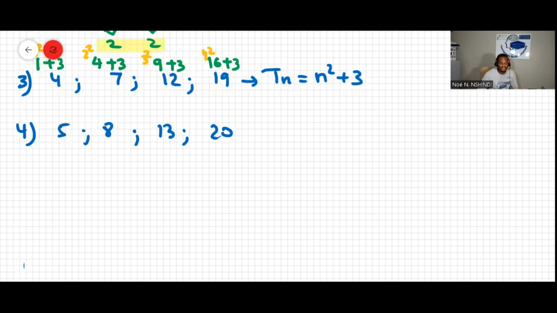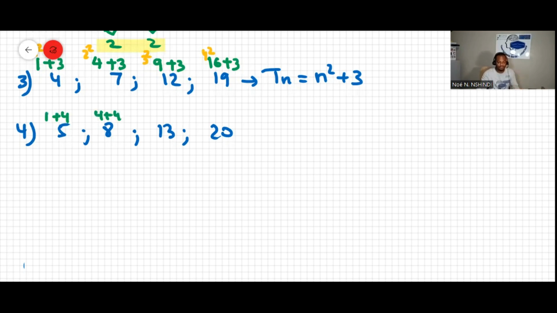When I look at these terms, I can notice that over here, I'll take a square number first. The first square number is 1, and then it's plus 4 to get 5. And then the following square number is 4. After 1, the next square number is 4, and then 4 plus 4 makes 8.